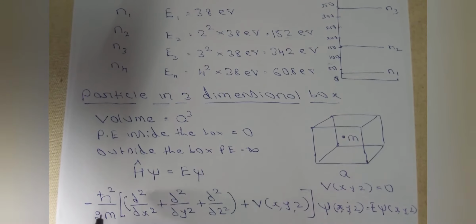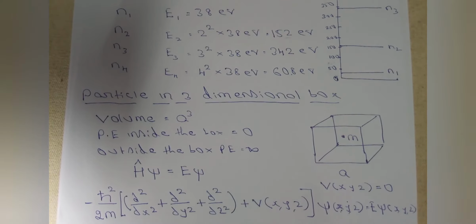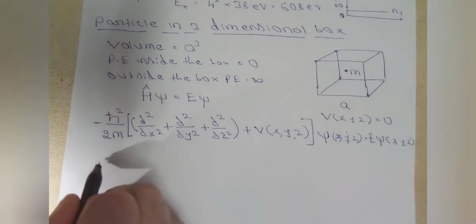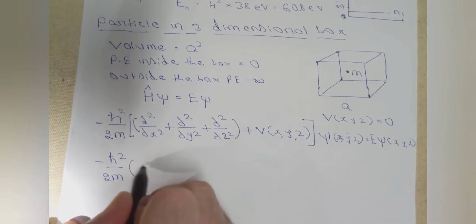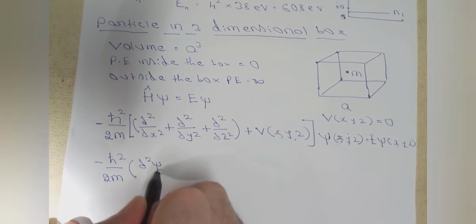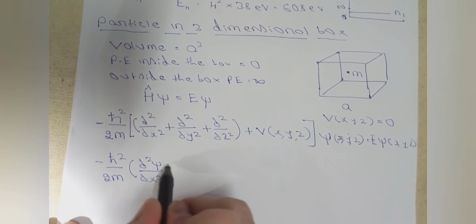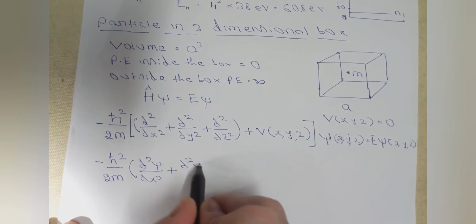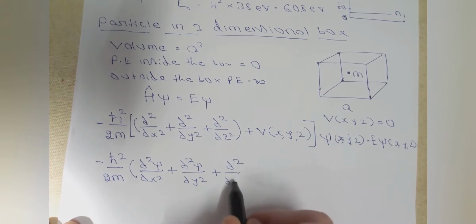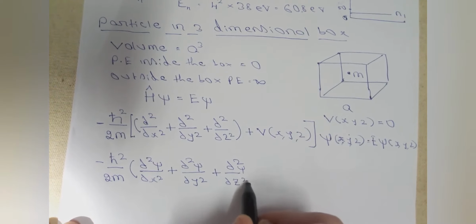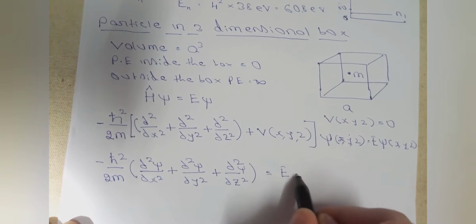Now we know that since potential energy is zero, we can write this as minus h cross square divided by 2m, dou square xi by dou x square plus dou square xi by dou y square plus dou square xi by dou z square, is equal to E xi.